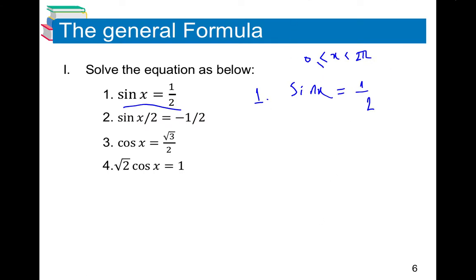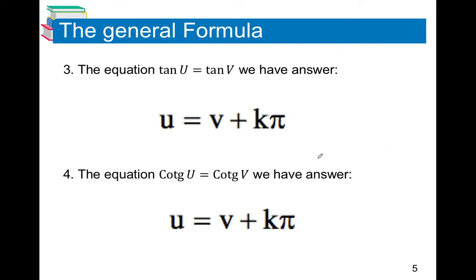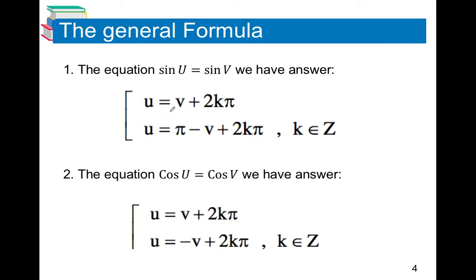So actually in the equation we can write sin x equal, so what is sin of 1 over 2? If we see in the table or in the circle, we can conclude that 1 over 2 equals sin pi over 6, right? So here we have u equals v plus 2k pi and u equals pi minus v plus 2k pi.